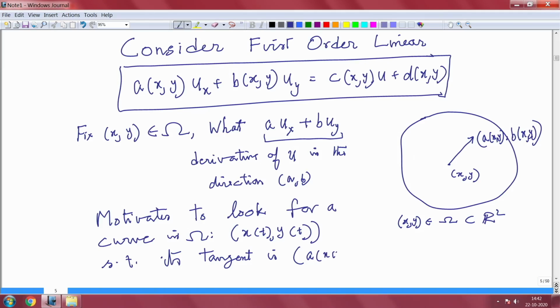Let me go to the next page and explain (x(t), y(t)).